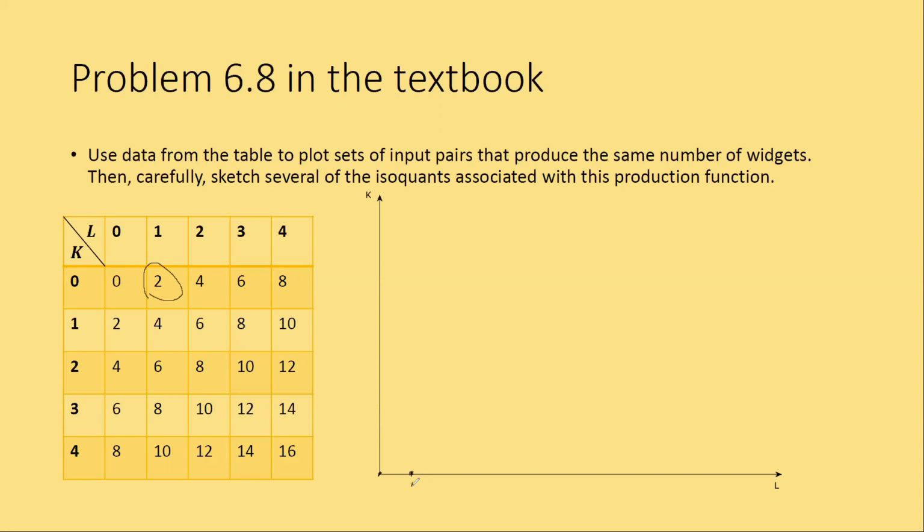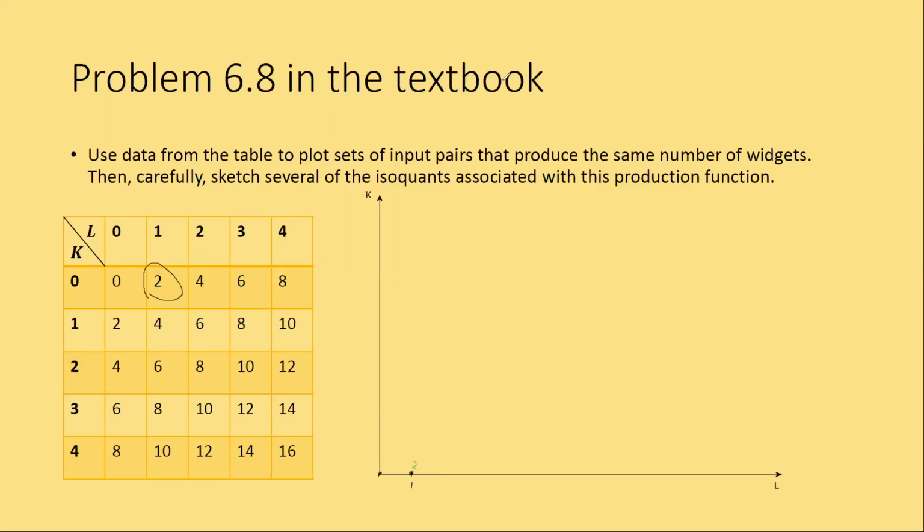So this is 1 unit of labor. Let me always use the green color to indicate the amount of output that this point produces, all right? So in this case, the firm is producing 2 units of output.